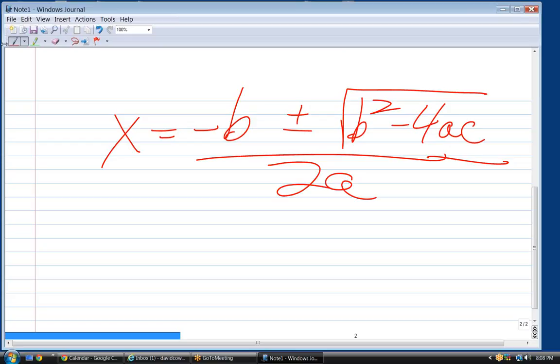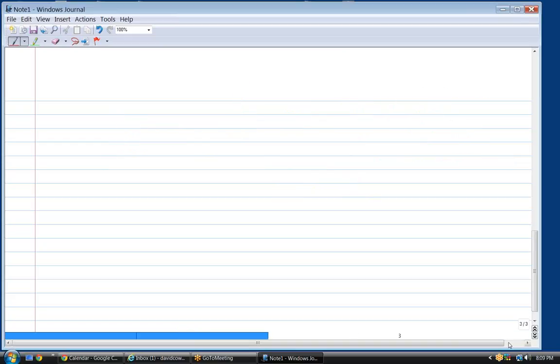Now I see something else under 5.5, finding maximums and minimums. What we have to do is find the max or minimum using our graphing calculator. But we never learned a procedure on how to do that.